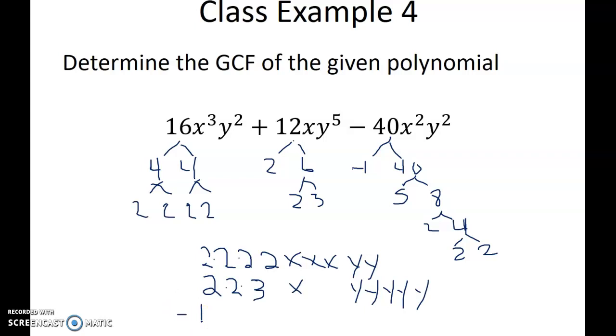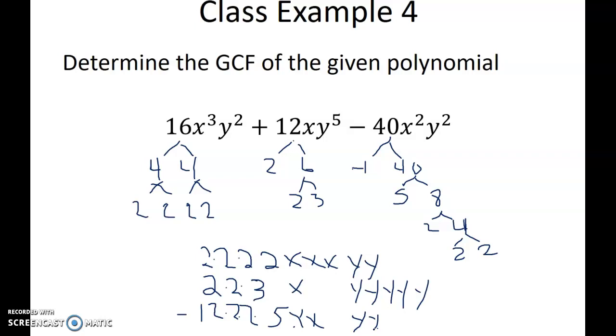We have 3 2's. 1, 2, 3. 3 2's. And a 5. We have 2 x's. And we have 2 y's. All right. I know it looks a little sloppy, but if you're listening to me, you should be able to figure that out.